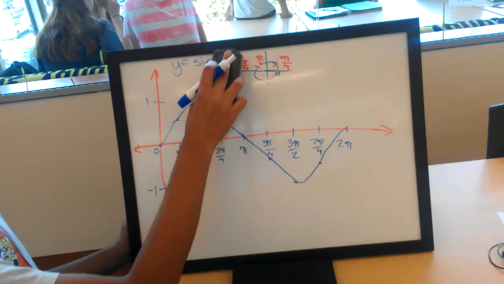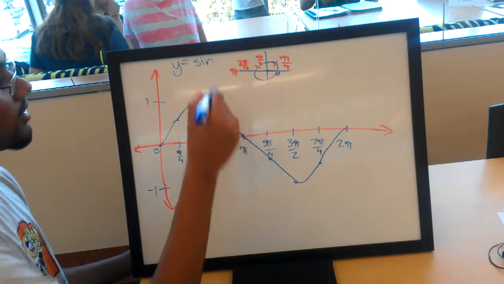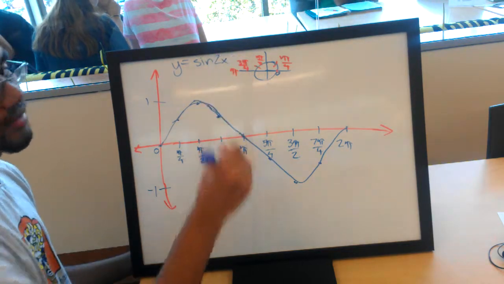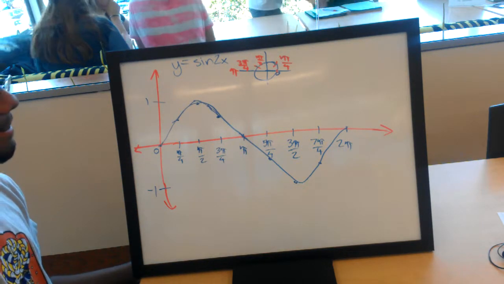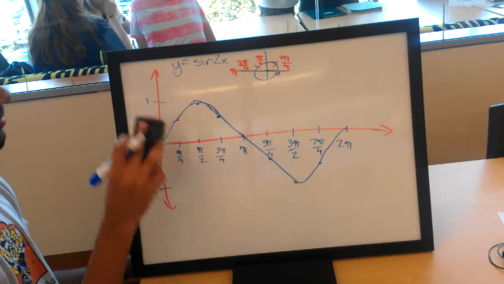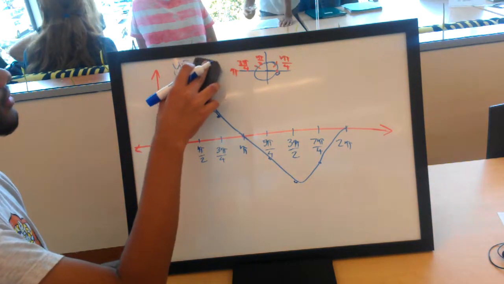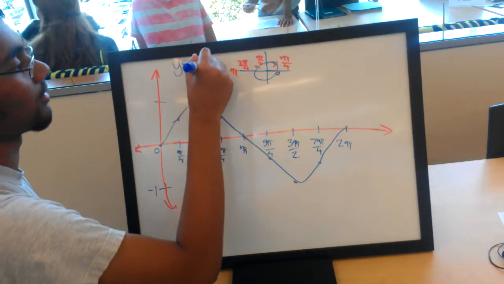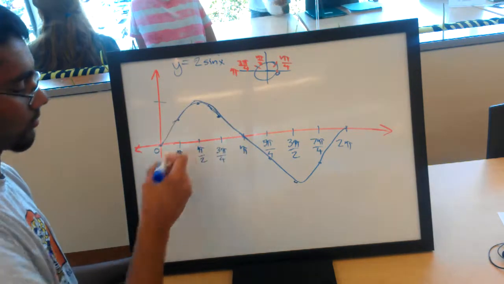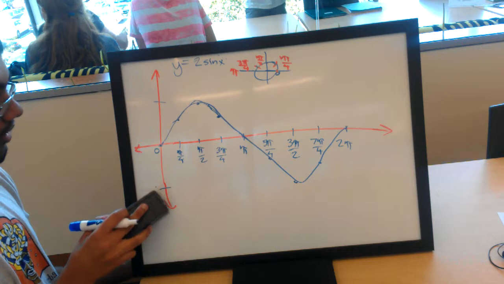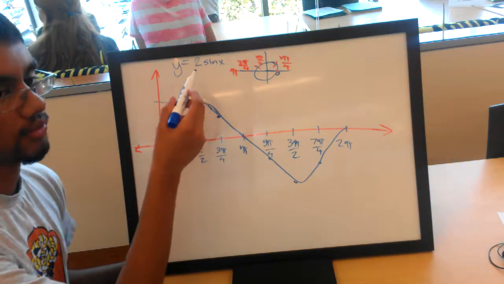Now what if, as in your homework, you had to graph 2 sine x? Would the graph look the same? Yeah, and so the 2 in front of the sine x will change the amplitude of the y value.